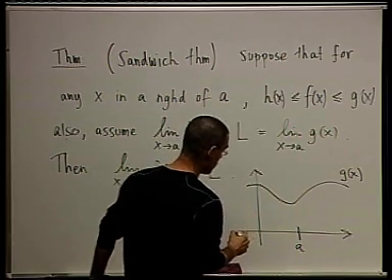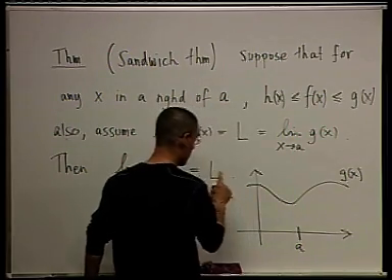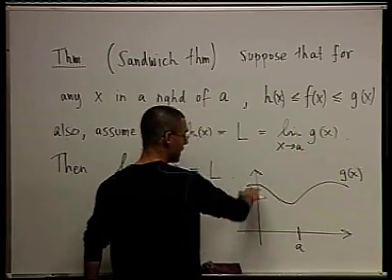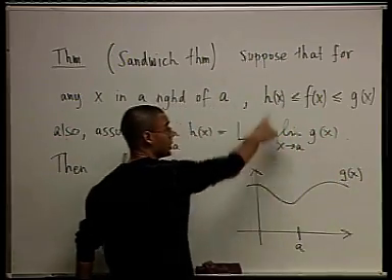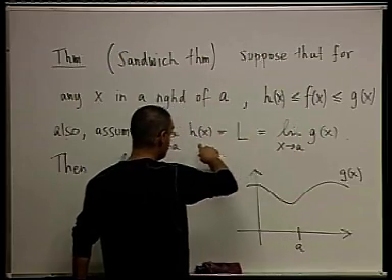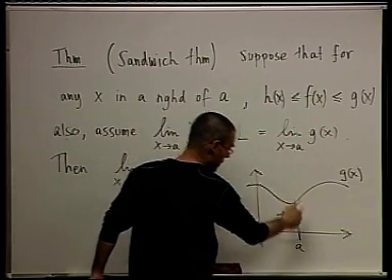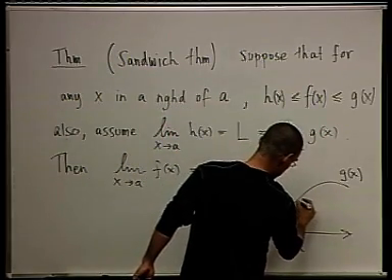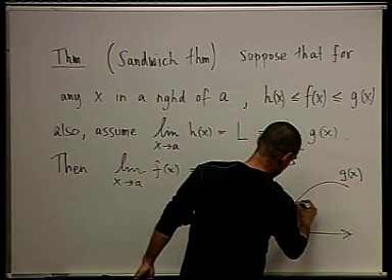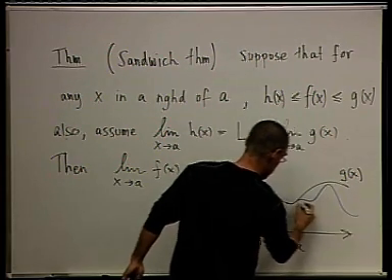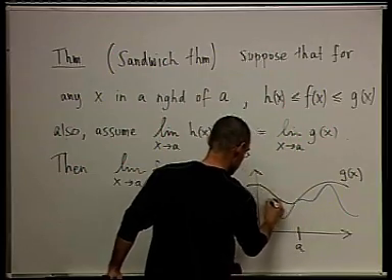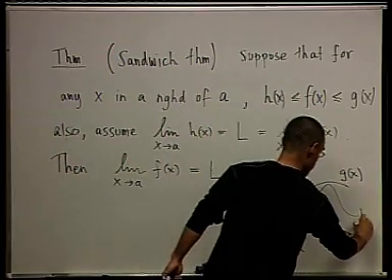I'm going to draw h in blue. And the only thing I have to guarantee is that h is always underneath g, right? And that the limit of h at the point A is the same as the limit of g. So the drawing of h maybe would look something like this. So this is going to be h.